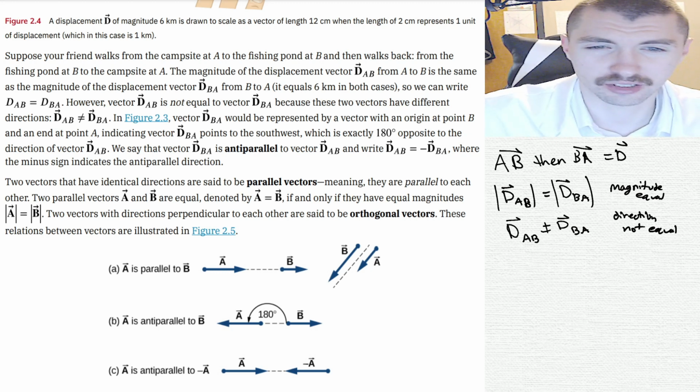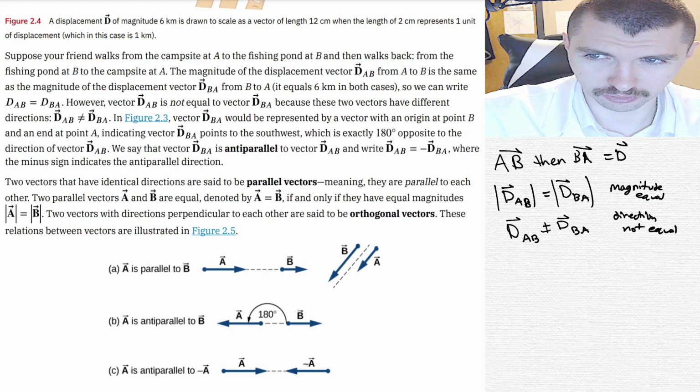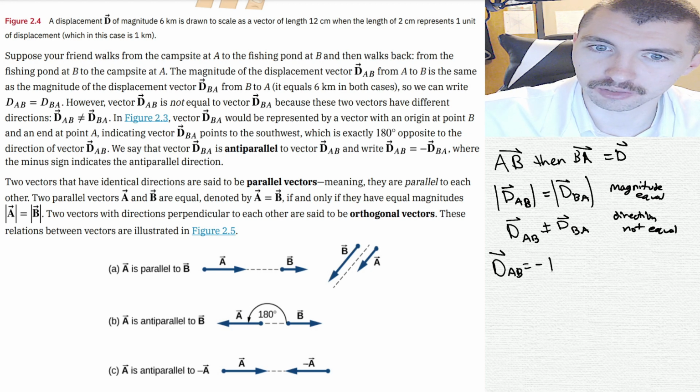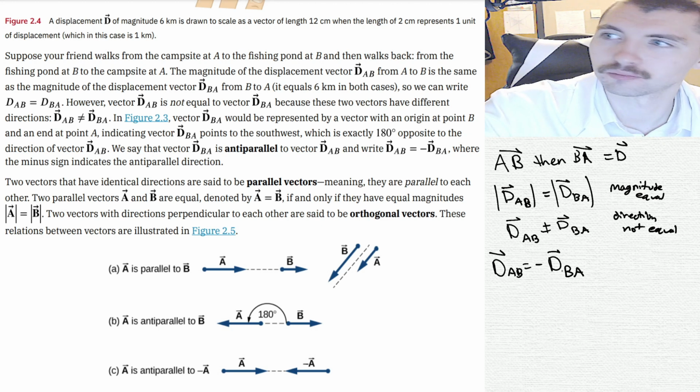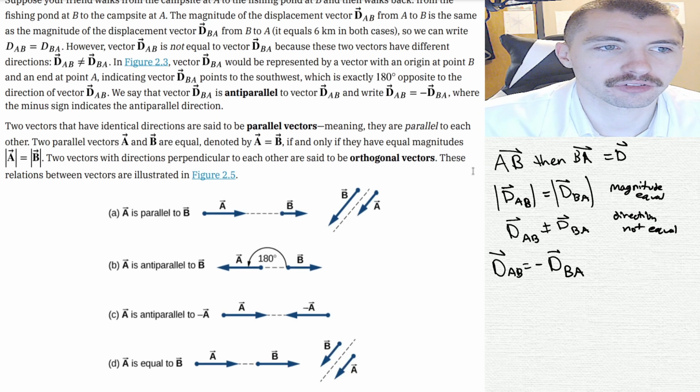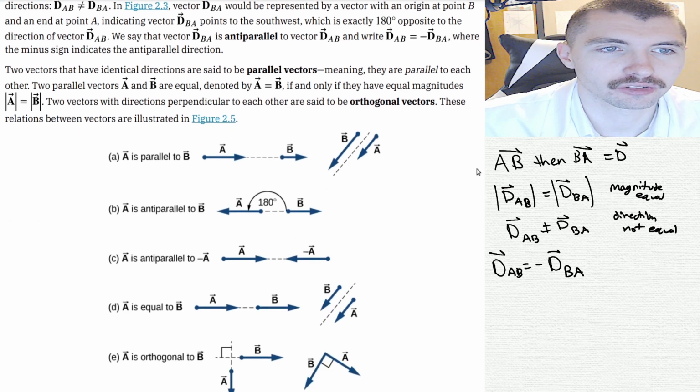Okay, I haven't seen that notation before. D_AB is anti-parallel to D_BA. Two vectors that have identical directions are said to be parallel vectors.